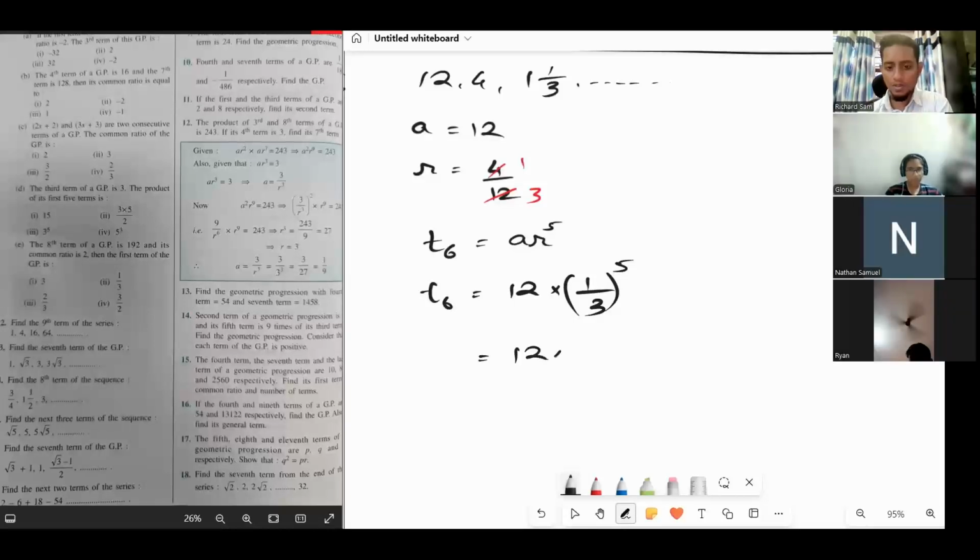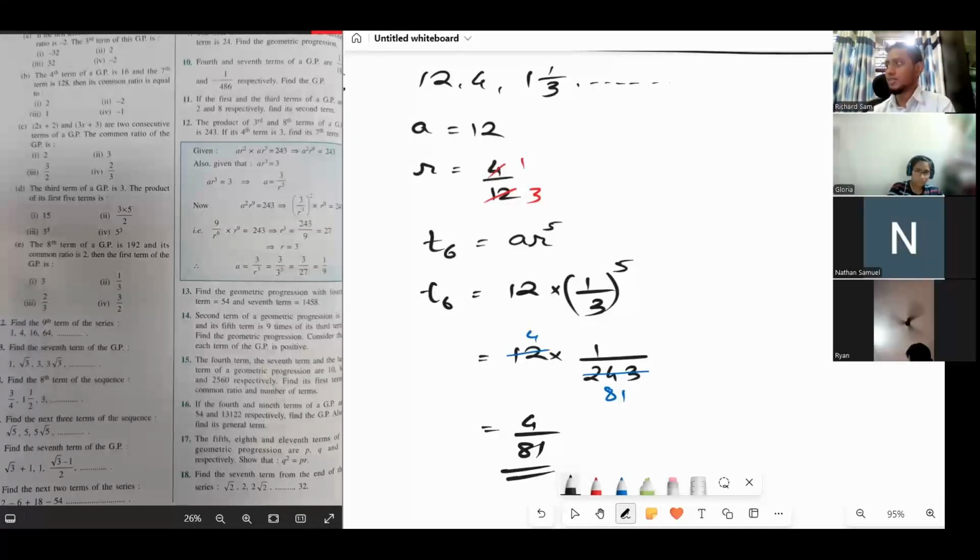So that means 12 into 1 upon 3 raised to 5. 3 threes are 9, 9 threes are 27, 27 threes are 81, 81 threes are 243. So you can cut this in which table? 12 table, 3 table. 3 fours are 12, 3 eights are 24, 3 twenty-sevens are 81. So your answer is 4 upon 81.